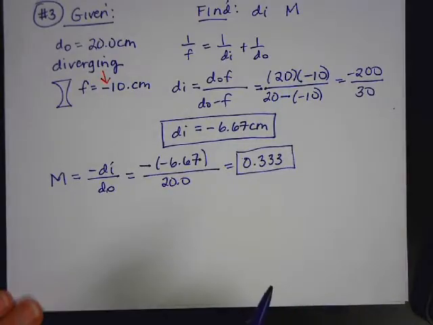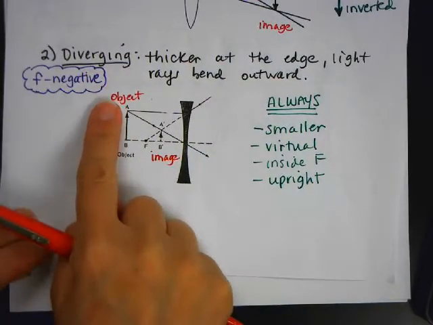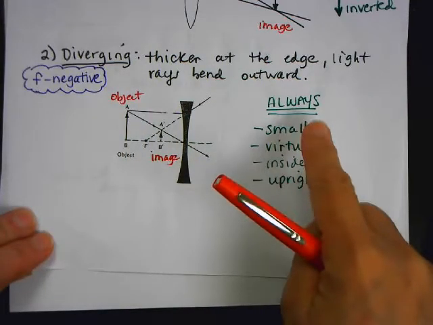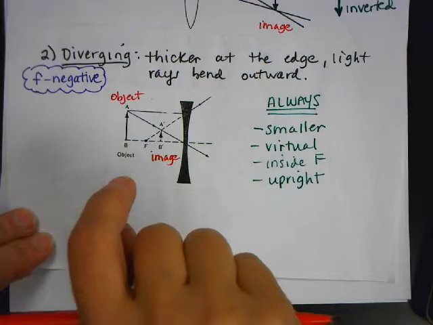Now, when they ask to describe this, as we talked about a few minutes ago, I'm not going to do a calculation, because I know with a diverging lens my image is always going to be smaller, virtual, and upright. Always.